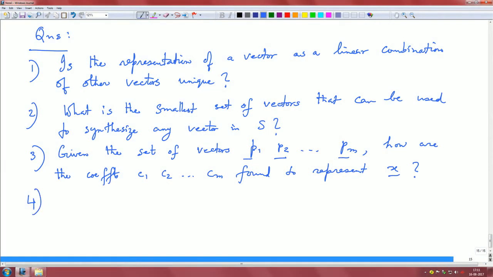But if you did not know the answer, I give you this vector X and I give you this set of vectors P1, P2, P3 so on till Pm. How can I get this C1, C2 from this? Right? Techniques for doing that.